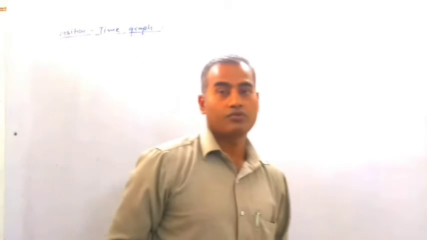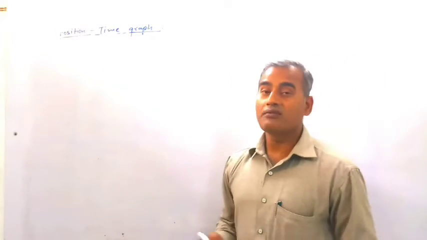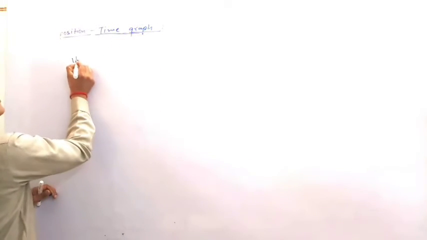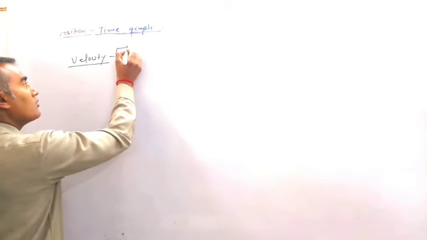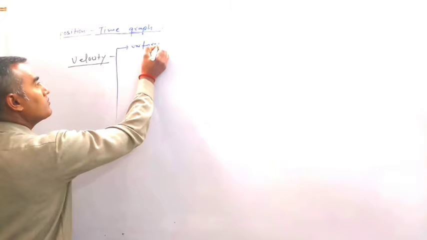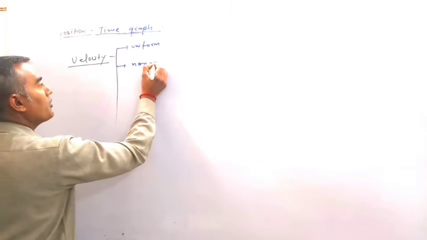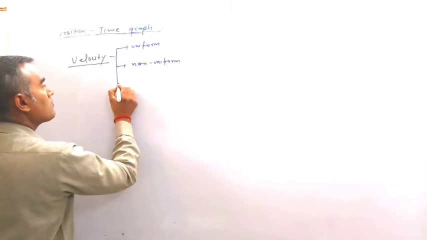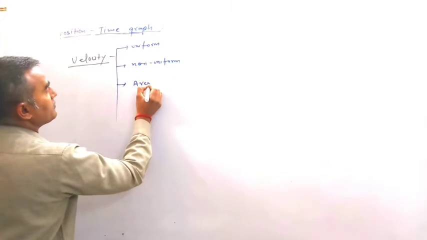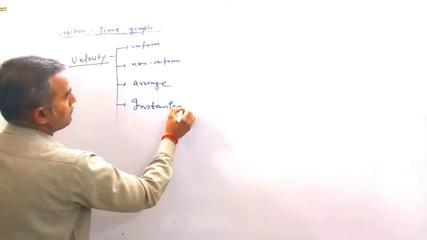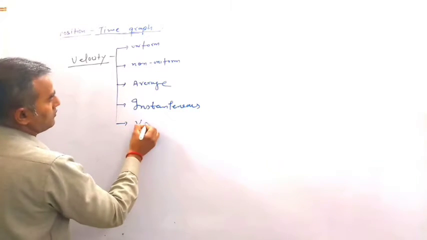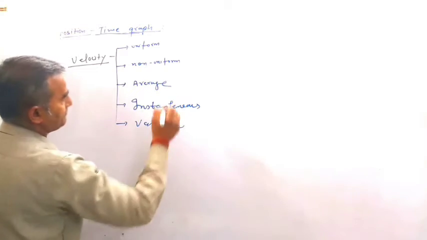According to the position-time graph, we can categorize the velocity as uniform, non-uniform, average, instantaneous, and variable.